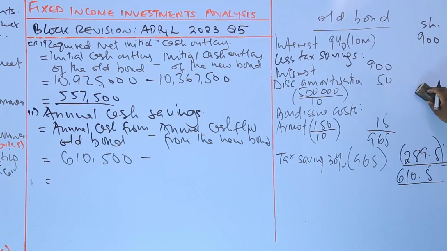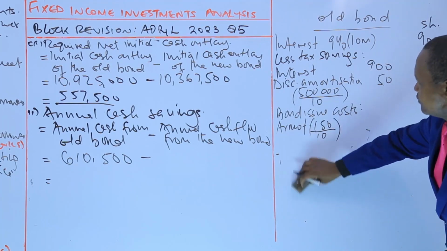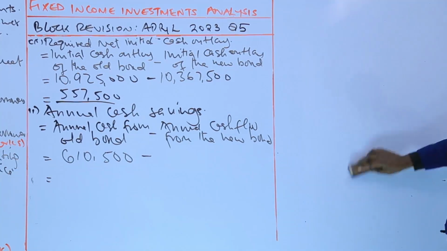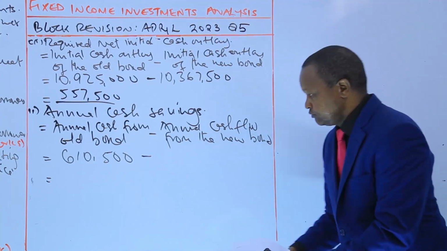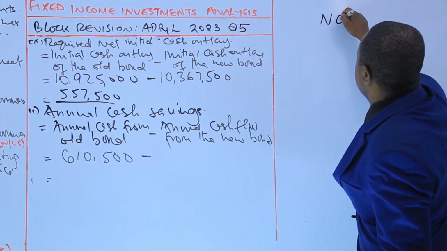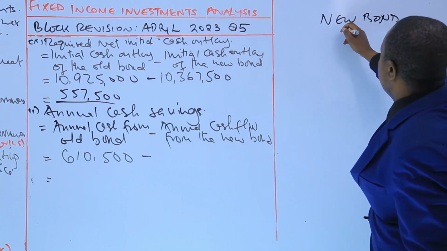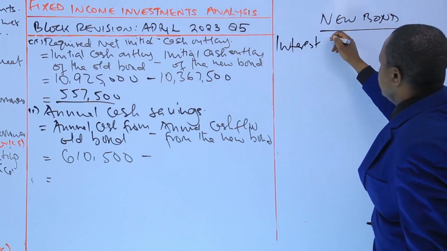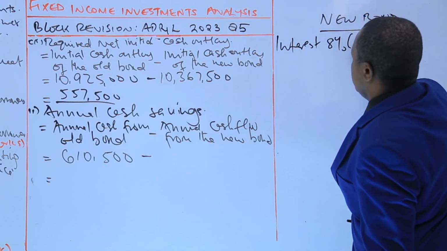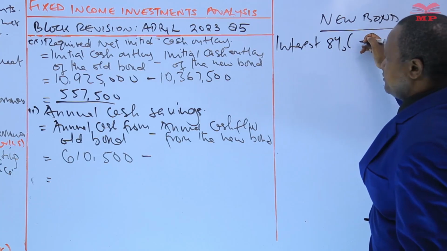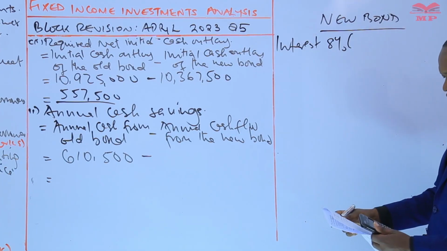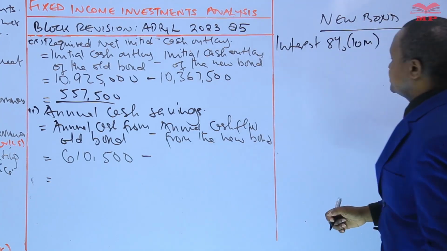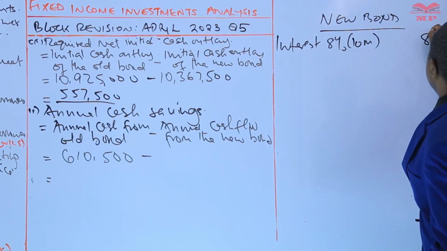Let us move on to calculate the annual cash flow from the new bond. We begin with the interest. The interest rate is 8%. The amount is still 10 million. 8% of 10 million is 800,000.